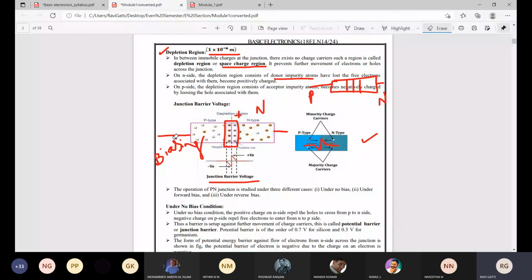There are different types of biasing. One is called the no bias condition. In the no bias condition, there is no voltage across the PN junction.